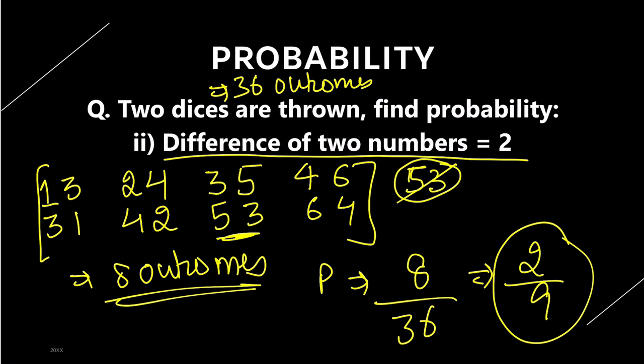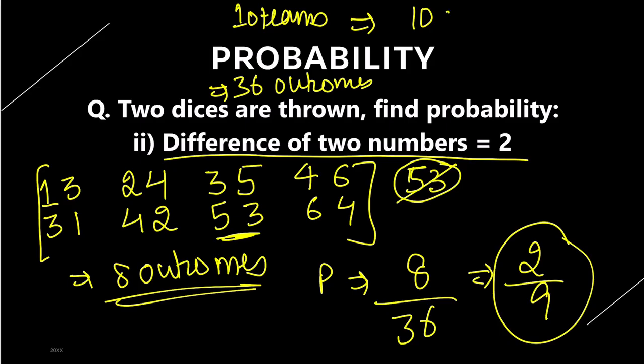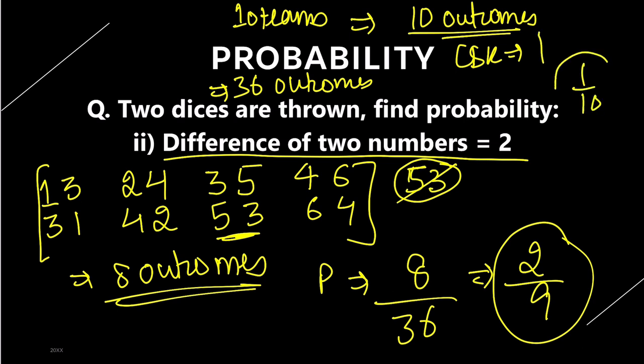Suppose, what is the probability of CSK, Chennai Super Kings, winning? If there are 10 teams starting, what are all the outcomes that are possible? Any of the 10 teams winning. So there are a total of 10 outcomes possible. Now CSK winning is one of the outcomes. So 1. So the probability is 1 by 10. I hope this is clear.